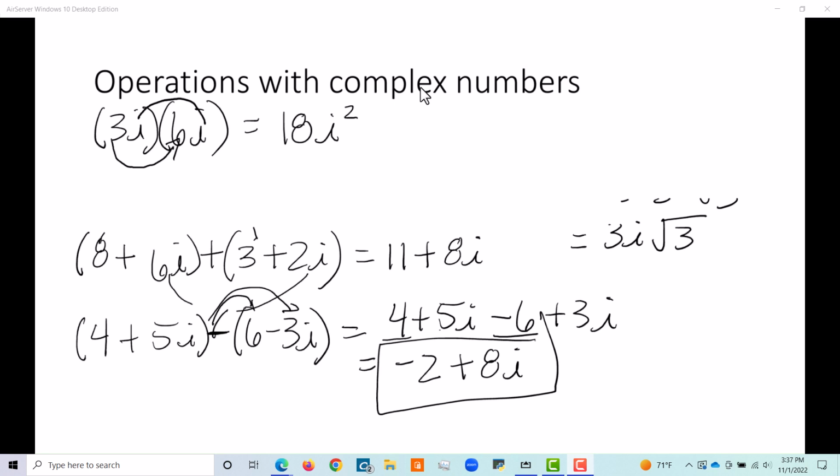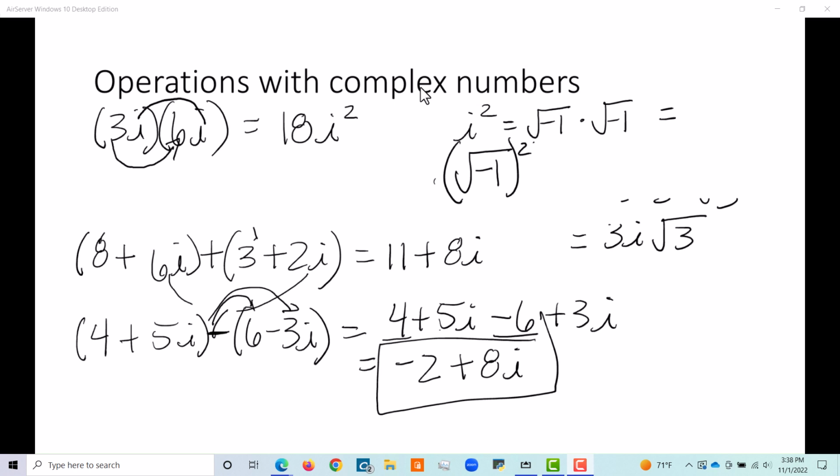Now, if you put this in My Open Math, it would say you're partially right. Got to keep simplifying. And it has to do with that i squared. So i squared is the square root of negative 1 times the square root of negative 1. So basically what you've got is the square root of negative 1, the whole quantity squared.